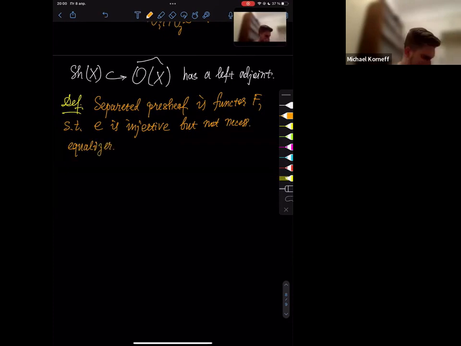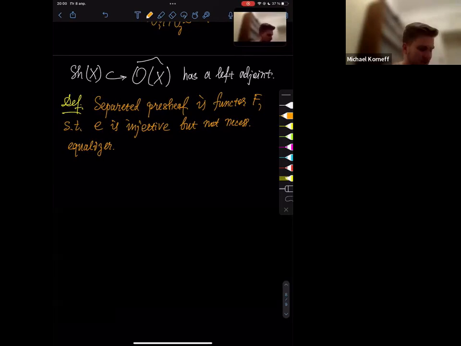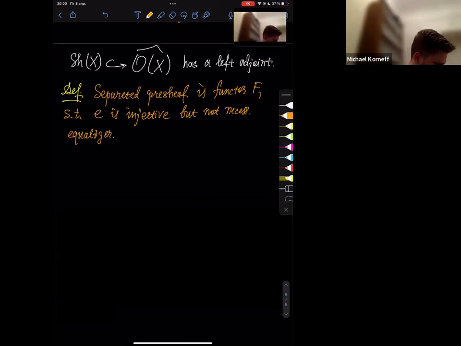For example, if we consider the functor B, then B is a separated pre-sheaf, but it is not a sheaf. Okay.